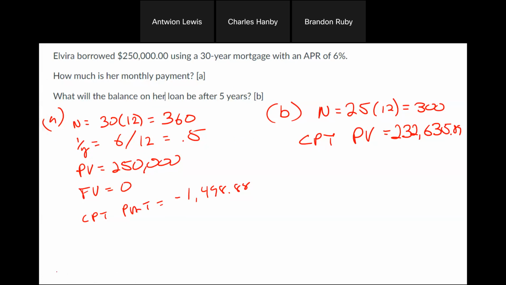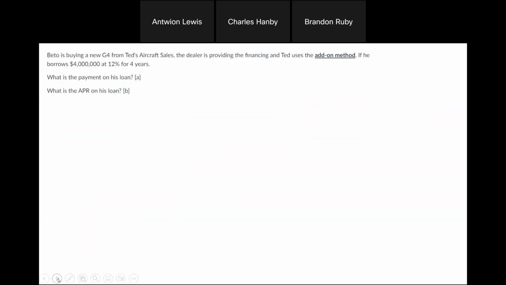So now we get to the two types of sleazy loans. Beto is buying a new G4 from Ted's aircraft sales, the dealer is providing financing. Ted uses the add-on method.